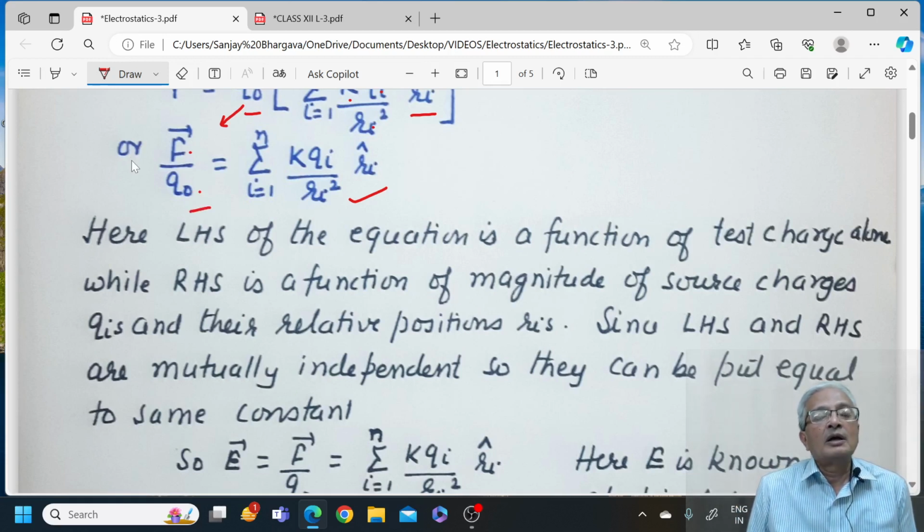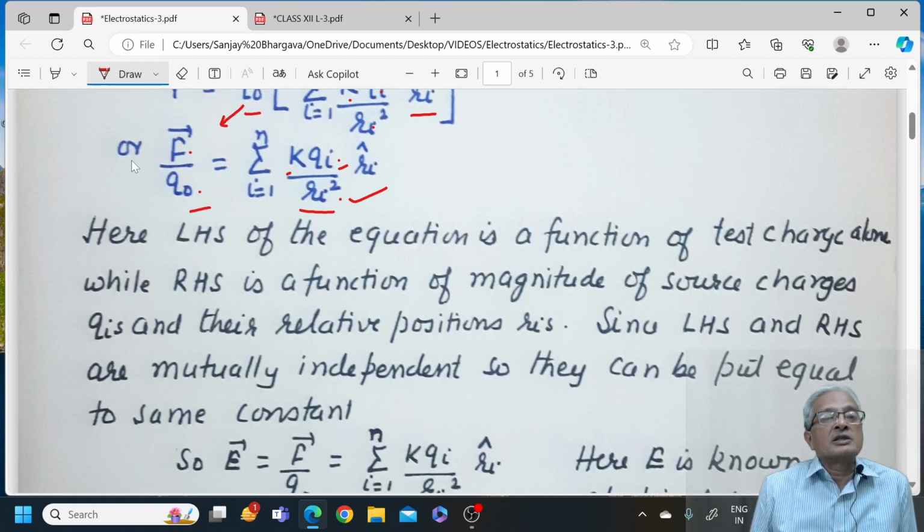Now come to the right hand side. k is a constant, the electrostatic constant, and what is qi? qi represents the magnitude of the source charges. And what does ri represent? ri represents their distances from the origin O. So the RHS can be called a function of the magnitude of the source charges and their relative positions.